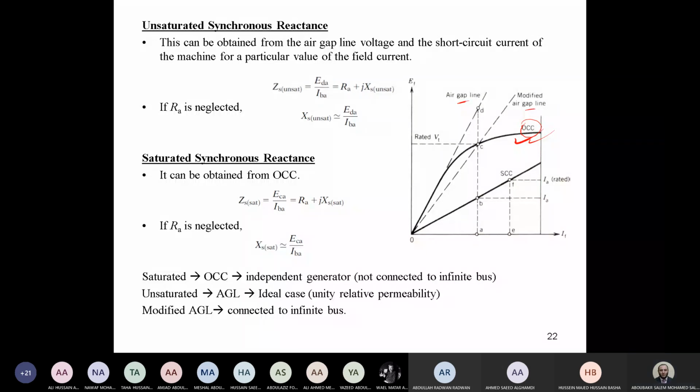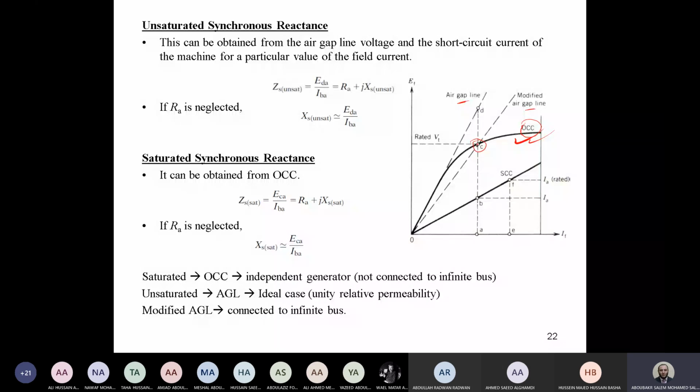If we consider the core of the machine to be ideal, we can get something called the unsaturated curve, which is the air gap line curve. This is the ideal case, guys. However, if the generator is connected to an infinite bus, the point of connection of the generator to the infinite bus is nothing but the rated voltage of the generator.